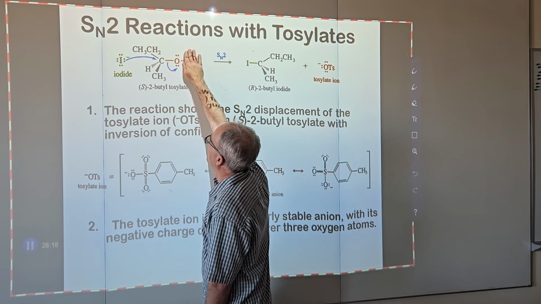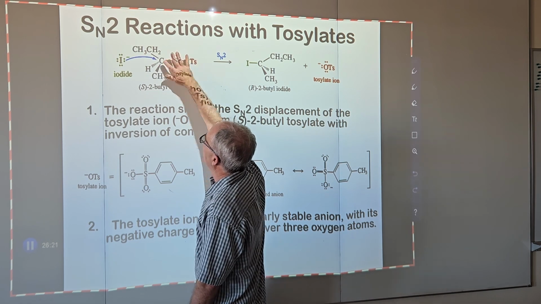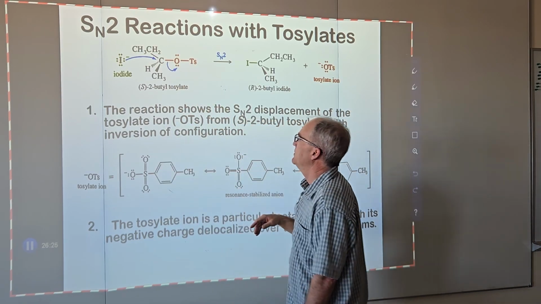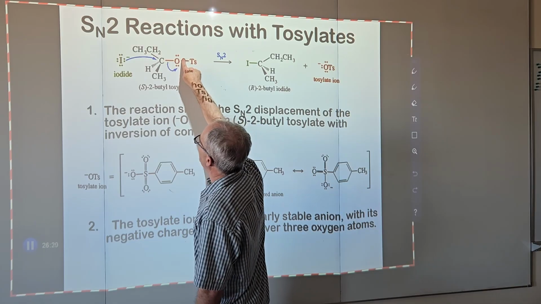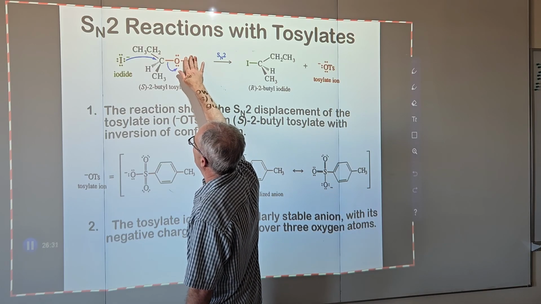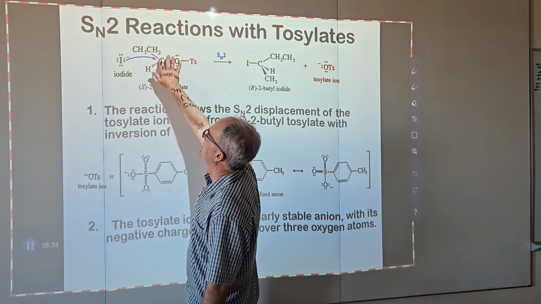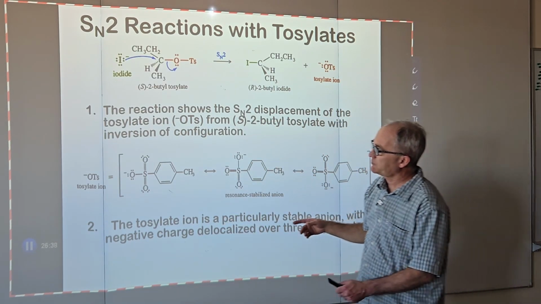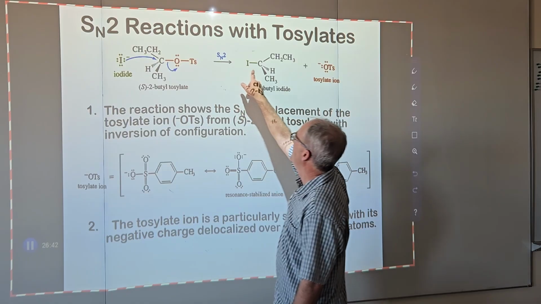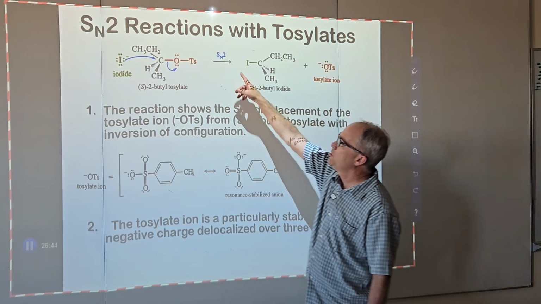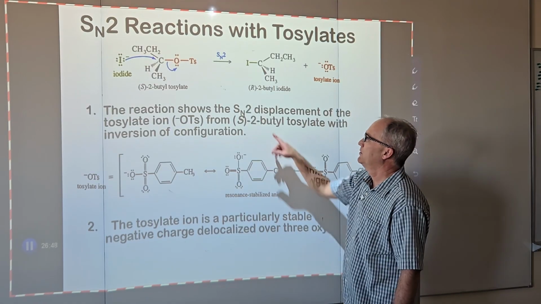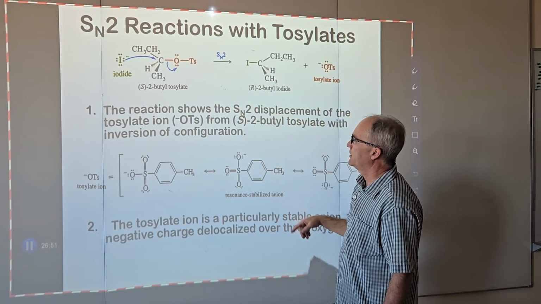So I'd have one enantiomer. I've got a stereocenter there, and I form the tosylate, and the tosylate hooks on, pulls off the hydrogen of the alcohol. So this still has the stereochemistry of S. Then here's my nucleophile. It hits SN2, inversion of the stereocenter, and now I have R-2-butyl iodide.